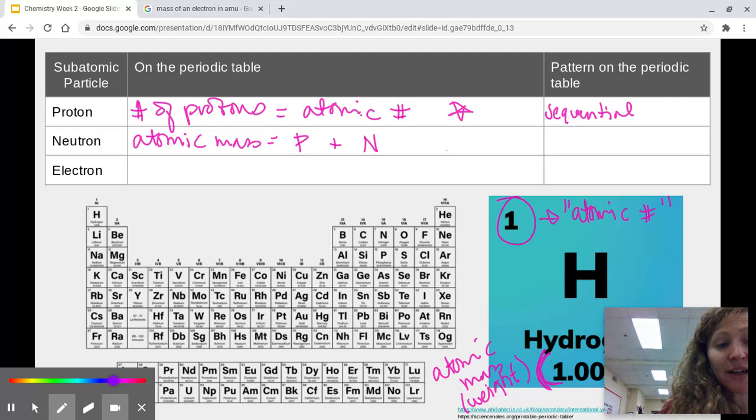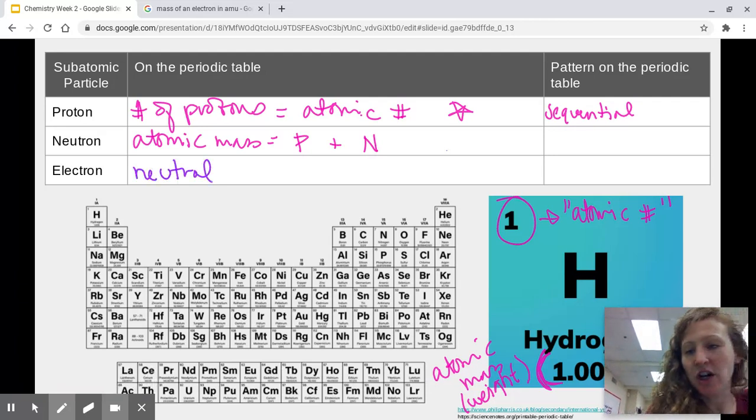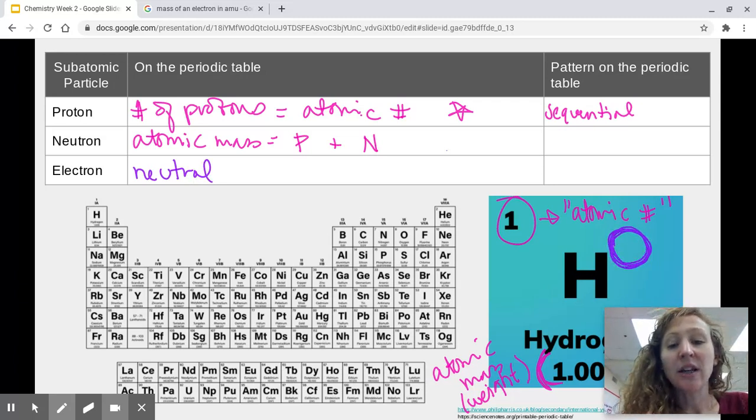If your atom is neutral in charge, remember the charge is going to show up on the top right of your symbol. So none of the elements on the periodic table are listed as ions. None of them are listed as charges because there's no symbol in that top right corner next to the symbol of the element.